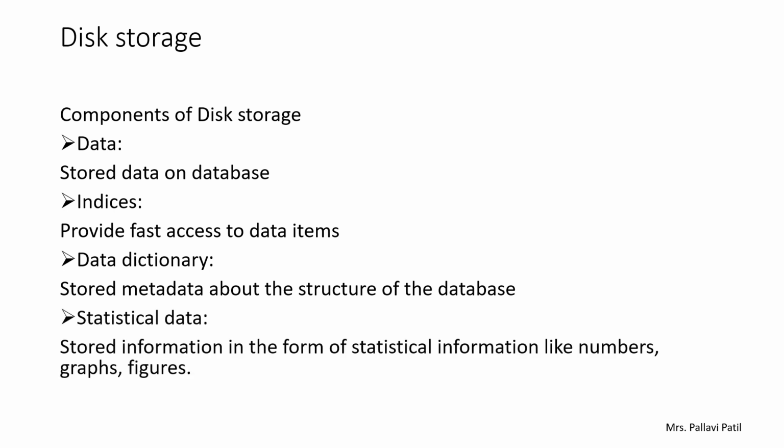After that, the statistical data, which stores information in the form of statistical information like numbers, graphs, and figures. So data, indices, data dictionary, and statistical data are the components of the disk storage.